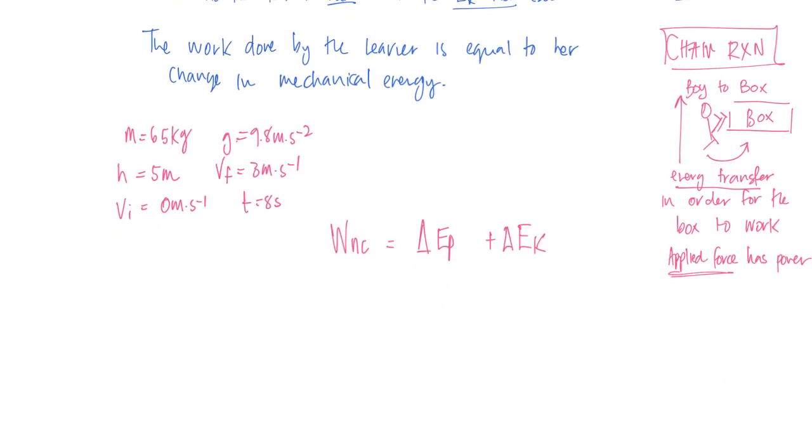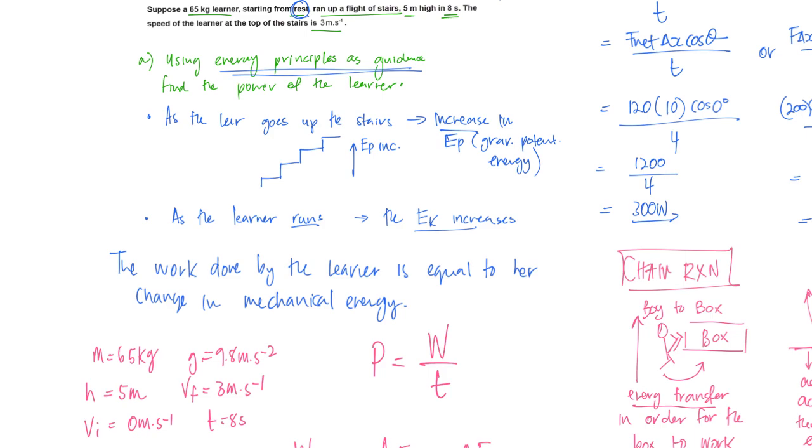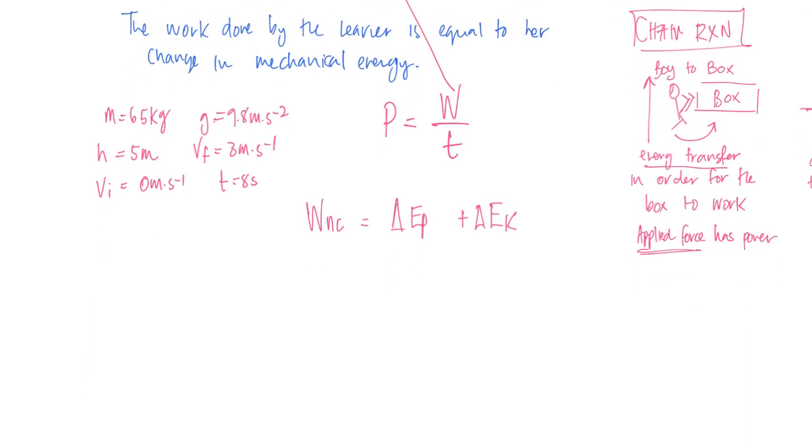Now, if I want power, I know that P is equal to W over T. But they're telling me to use energy principles. So I'm looking then at work non-conservative. That is what I need.